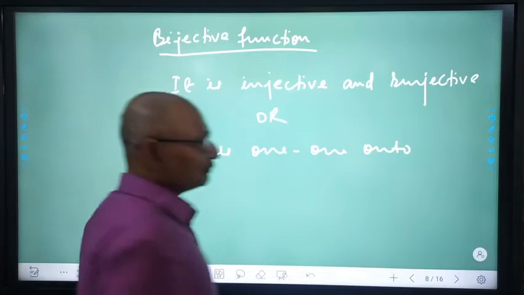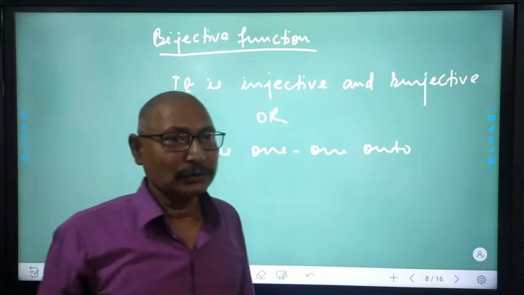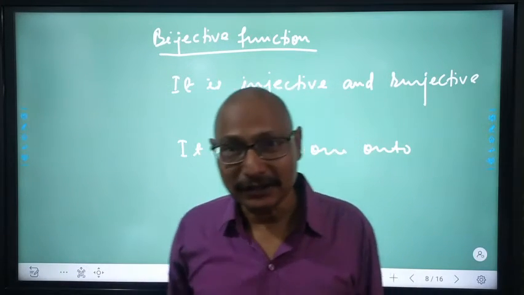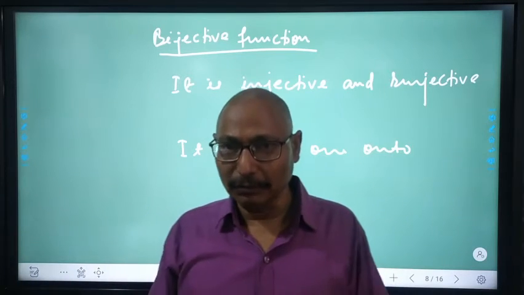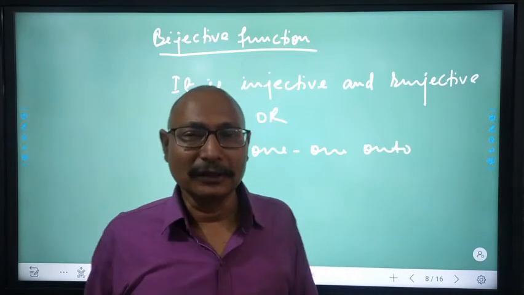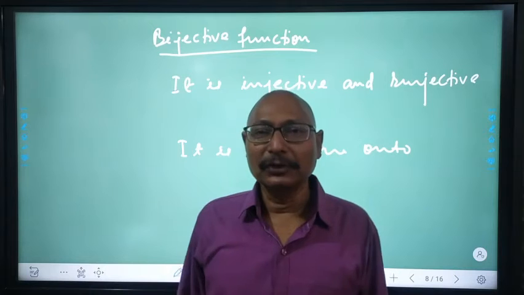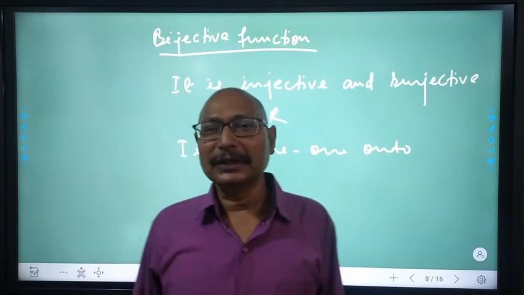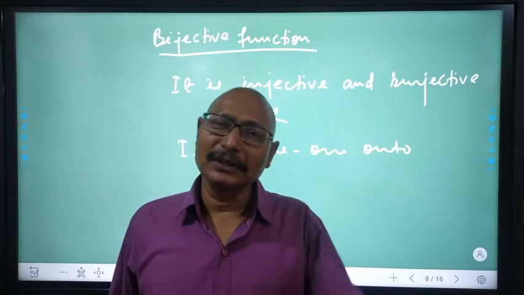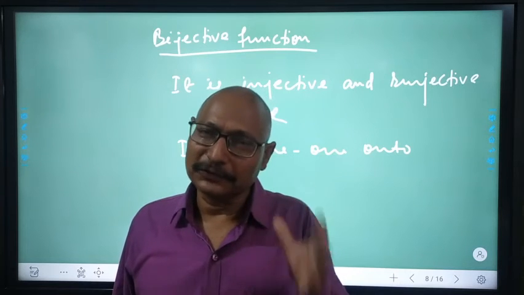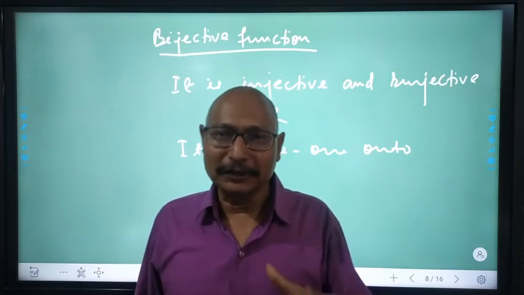If any function is one-one and onto, then we say this function is bijective, or in other words, in modern technical terminology, if any function is injective as well as surjective, then it is a bijective function.